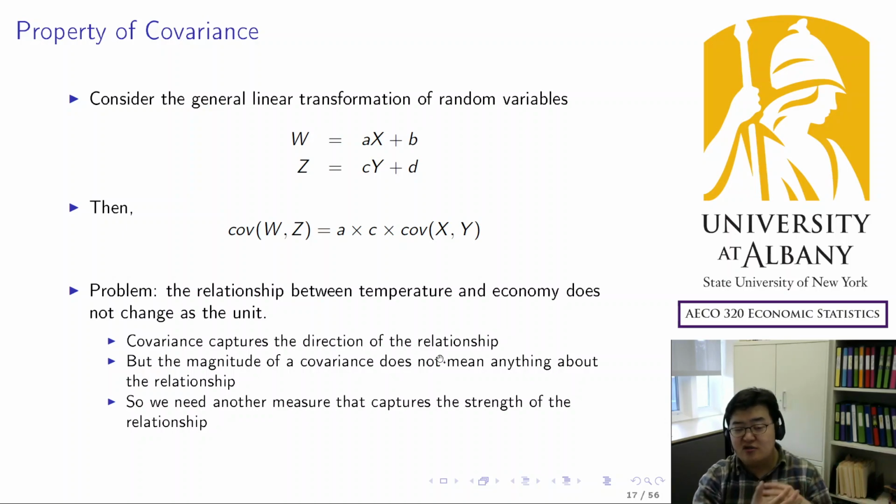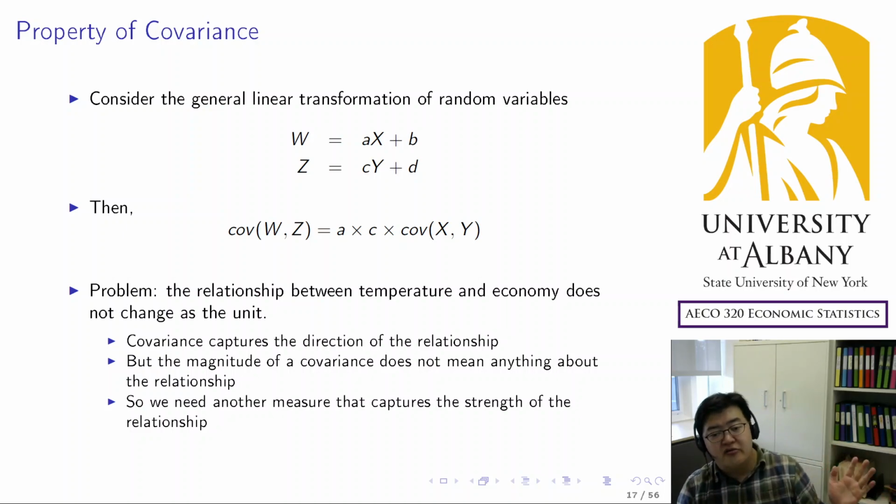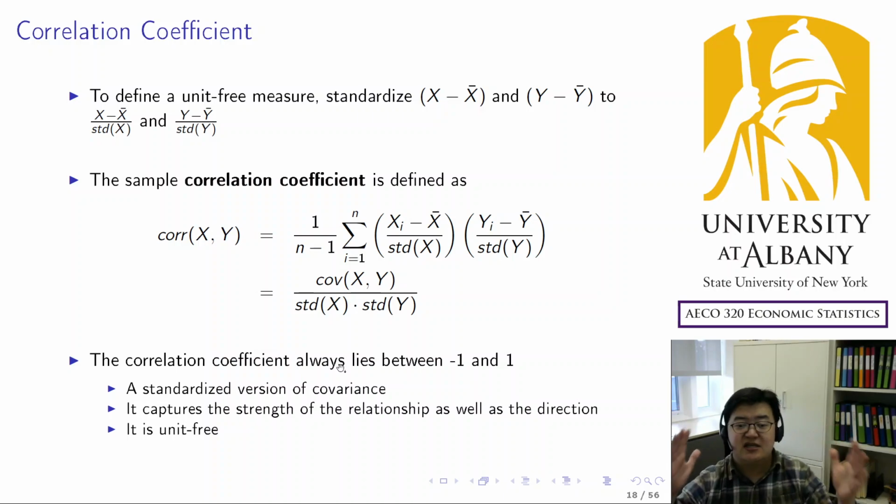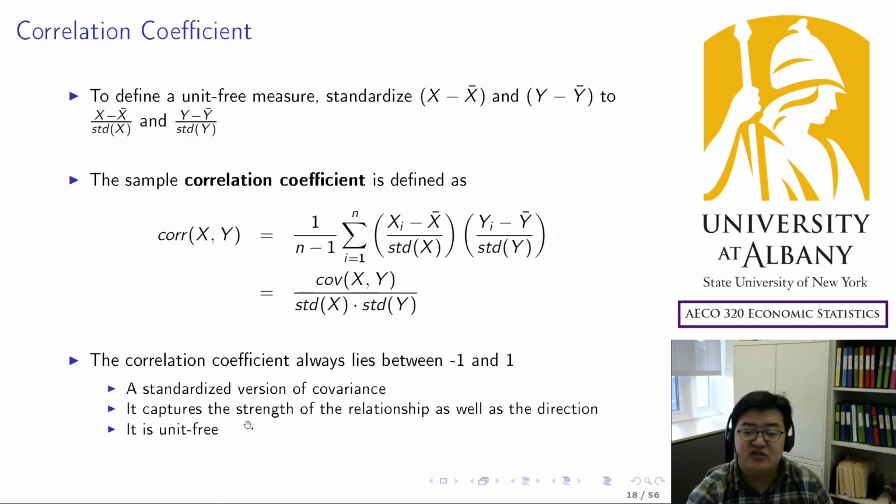By changing the unit, you can make the covariance several thousand, several million, or 0.000 something. So the size of the covariance depends on the unit, and you cannot tell how big or how small the covariance is. But now the correlation coefficient has a fixed scale, so it tells you about the strength of the relationship.